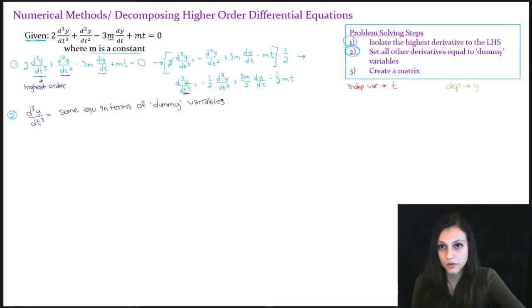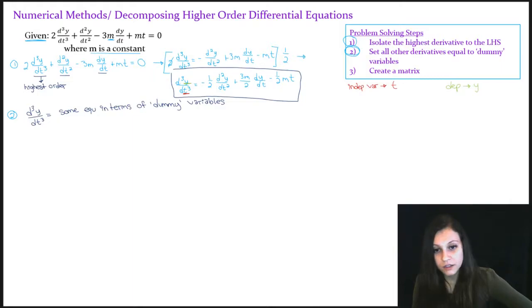Basically, the dummy variables are going to replace all of the derivatives on the right-hand side of this equation right here. So let's go ahead and start with the first order derivative, so dy over dt.